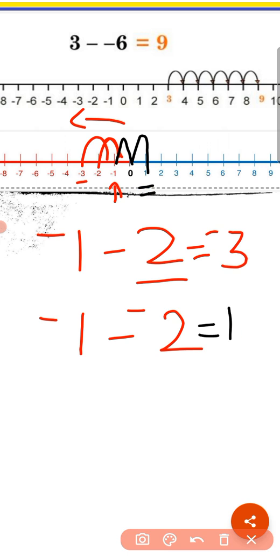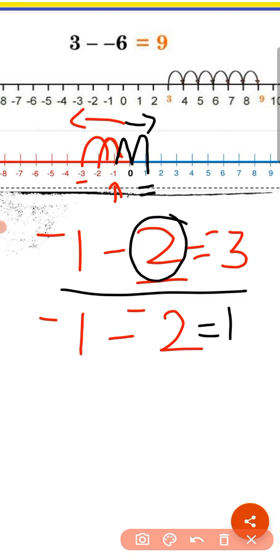Negative 1 minus negative 2 is 1. Here the second number is positive, we are moving to the left side. Here the second number is negative, that is we are subtracting a negative integer, we are moving to the right side.